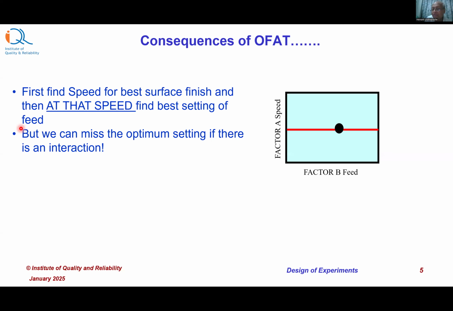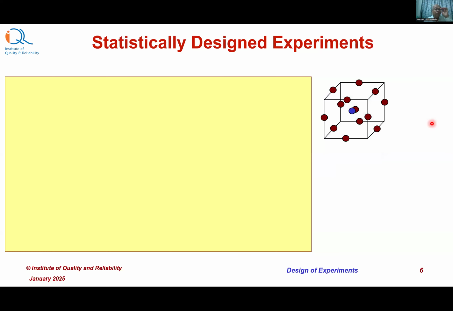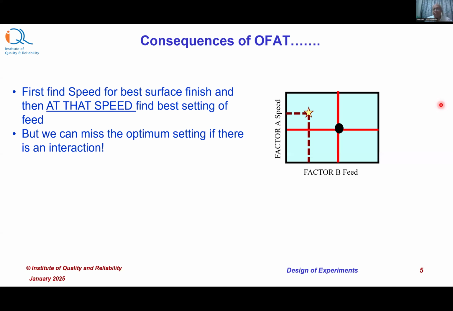And at this speed now I will try the feed and then I will get this best. So the black circle shows what you are going to get out of this OFAT. But if you actually do a statistically designed experiment, it is possible that the optimum setting is not here, but it is actually here because the speed and feed may have interaction between them. And as you know, there may be built-up edge on the tool, and there are technical reasons for this. Technical reasons will depend on each type of experiment that you are trying to do. But this is the main disadvantage of OFAT.